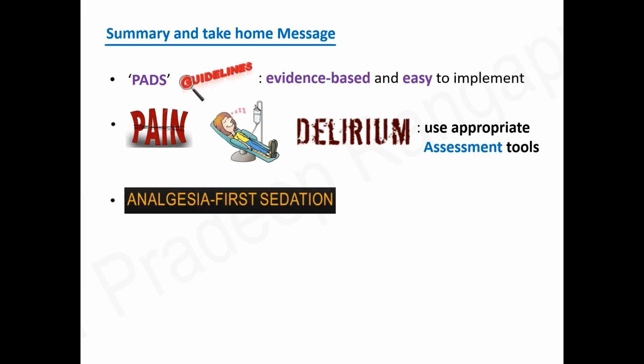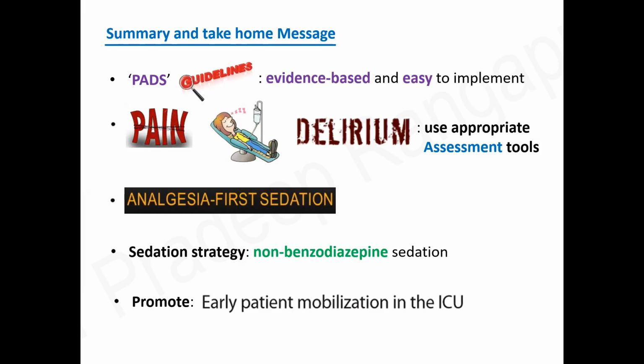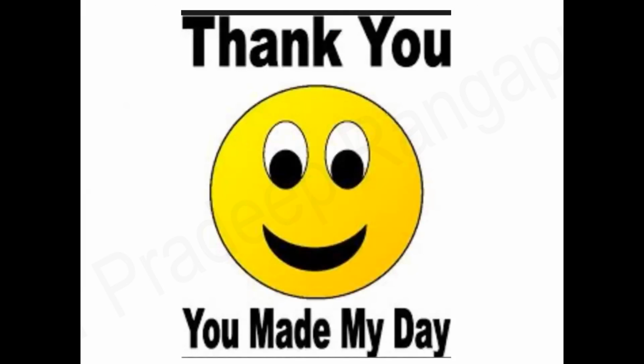So our whole effort should be to alleviate pain followed by sedative attempts. And there is a move from benzodiazepine-based sedation to non-benzodiazepines. As I said, non-benzodiazepine sedation with dexmedetomidine or propofol seems to be getting more emphasis. And most importantly, promote early patient mobilization in the ICU, and that has been shown to significantly reduce the occurrence of delirium. So thank you, one and all.